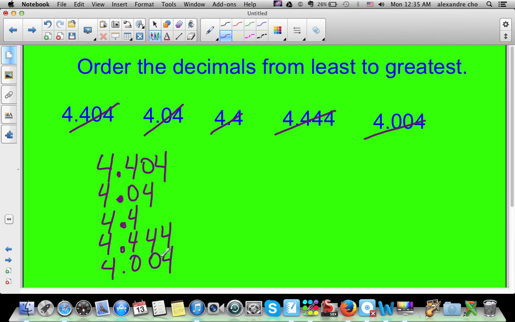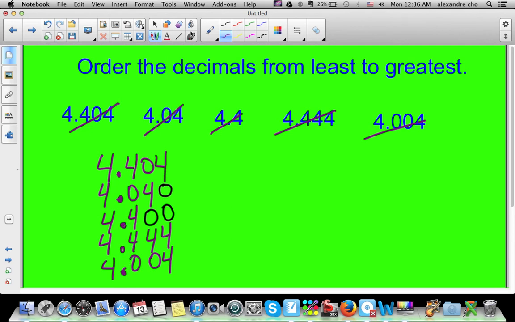Now, notice that not all of them share the same quantity of digits. So what I'm going to do is put a placeholder. I'm going to add a 0 here. I'm going to add a 0 and 0 here. Okay, so remember a little trick I told you in class, and I don't know if it's a wise trick, but you can pretend for a second that there is no decimal.